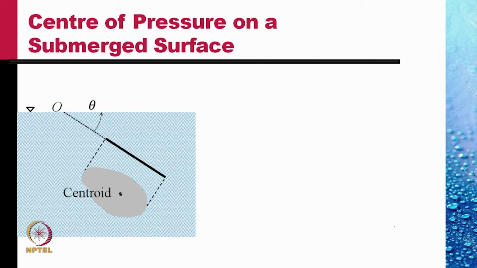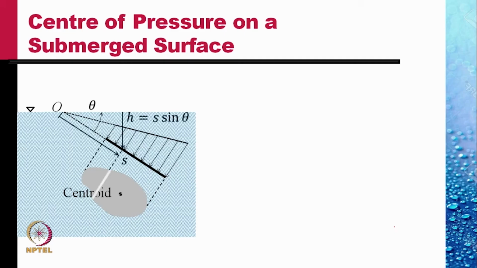The gray area shows the plane form of that surface. There are pressure forces acting on the surface. The pressure variation, of course, would be linear, rho g h, where h is the vertical depth from the free surface.